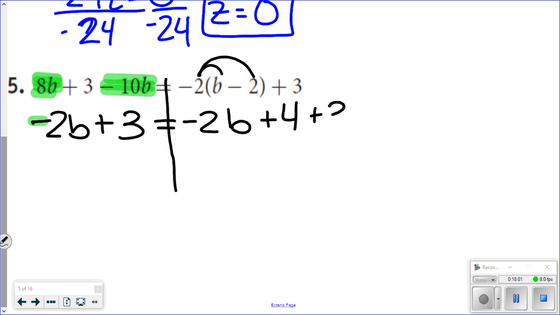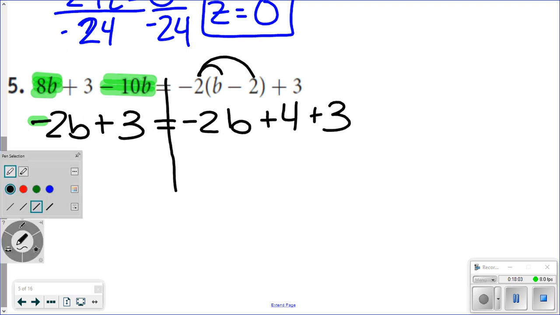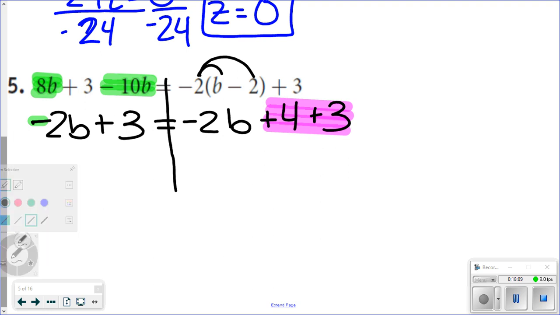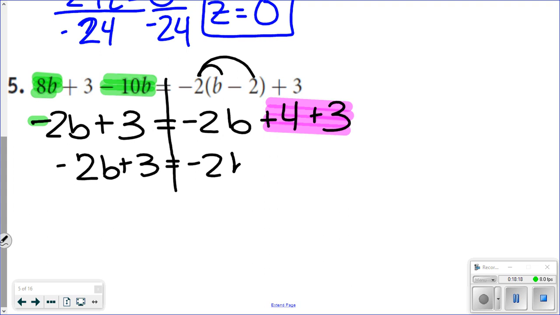Bring down the plus 3. Here we have like terms, my constant terms. So we need to do 4 plus 3. 4 plus 3 gives us 7.